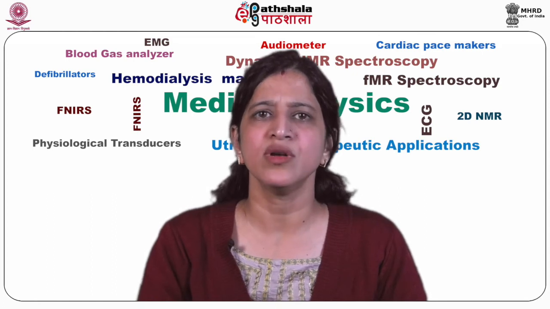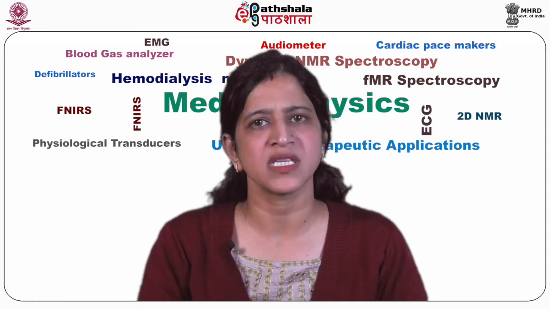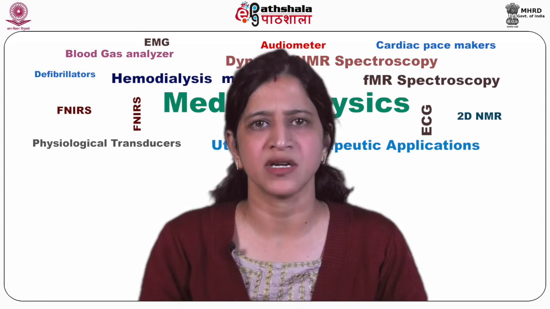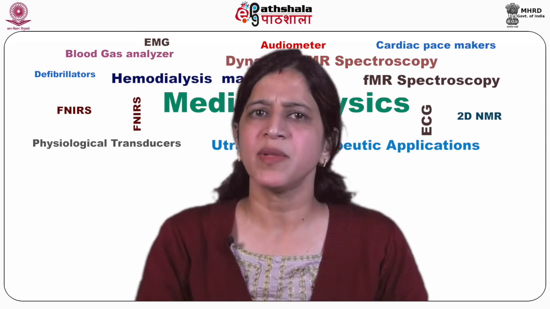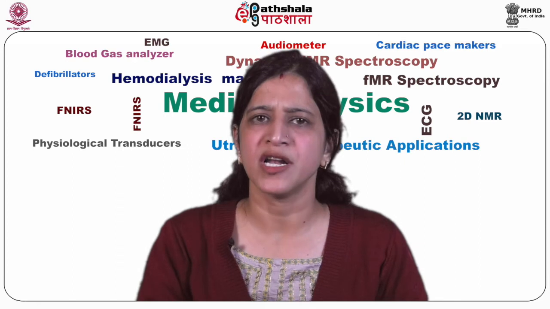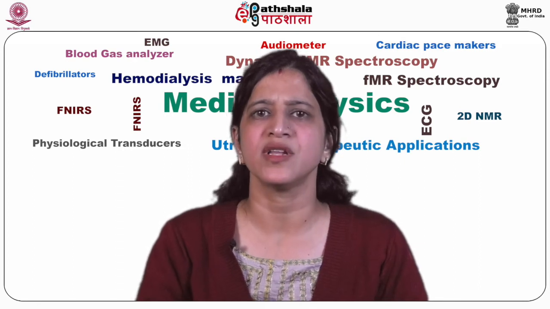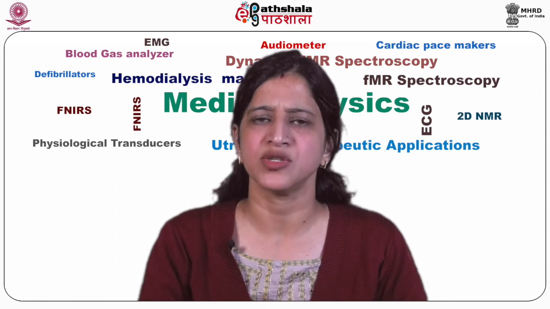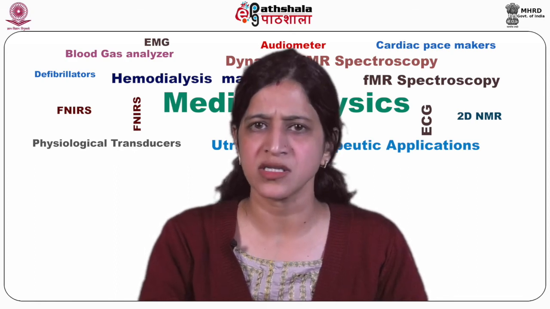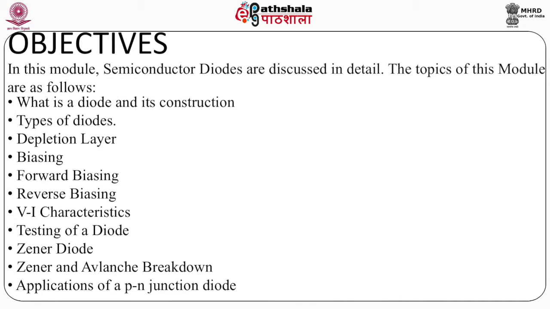The present module discusses the basics and applications of semiconductor diodes. It will be covering all the aspects related to PN junction diodes. Before we study the PN junction diode, we will study what the majority and minority charge carriers are, and then we will discuss the intrinsic and extrinsic semiconductors, which we discussed in the last module also, just to summarize it.